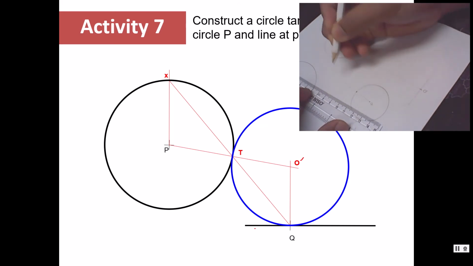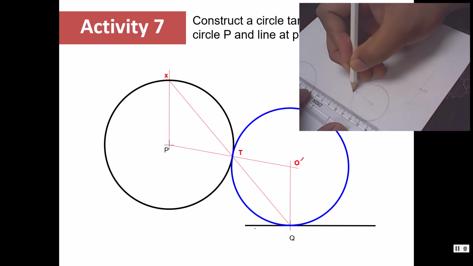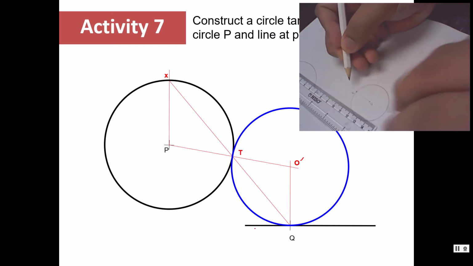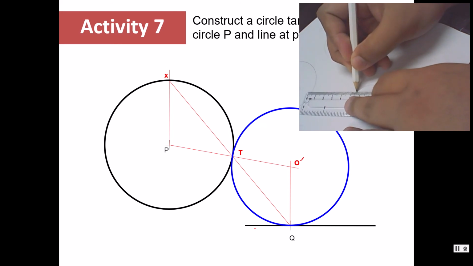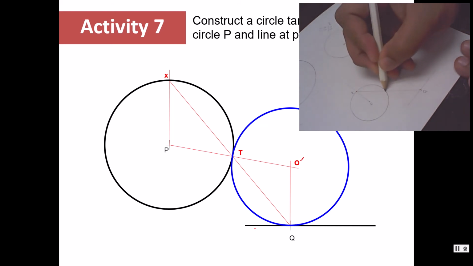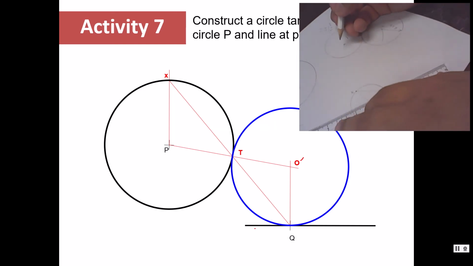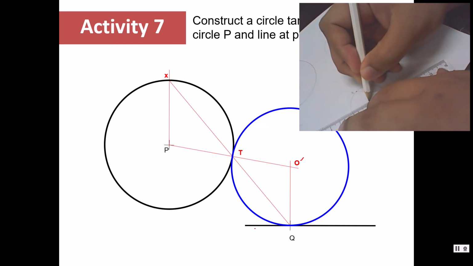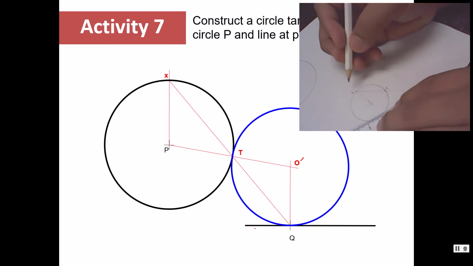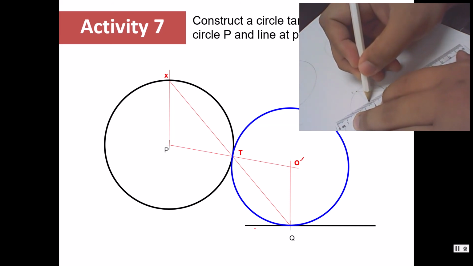So the line, this straight line that touch the circle, we consider this as X point, in which this X point we want to draw another line that is going to connect to Q. Once it's connect to Q, we have this point as T, and then this point P will touch T in another line.